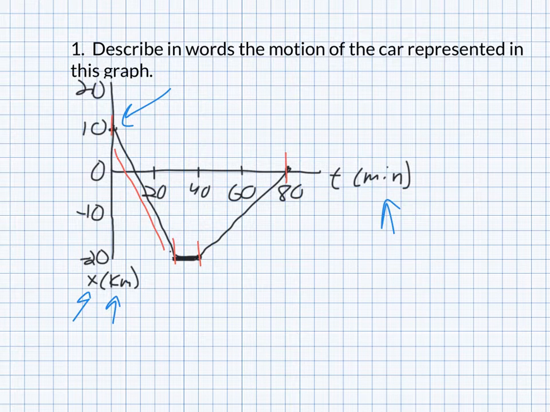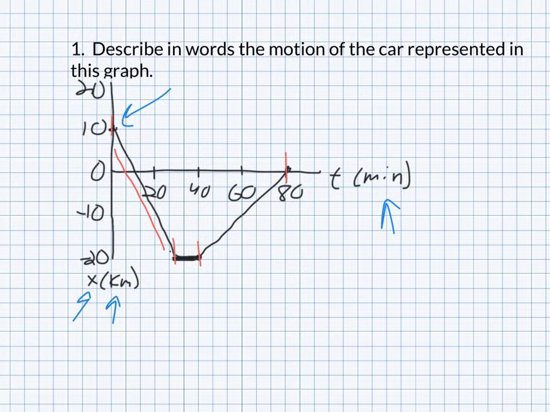So this car is going in the negative direction. If it started 10 kilometers in front of the race, it's going backwards in the race, so this probably isn't a race car. But if it's starting 10 kilometers east of home, it's traveling west.